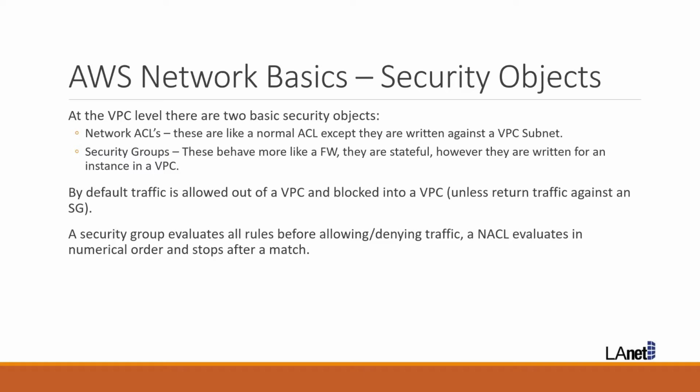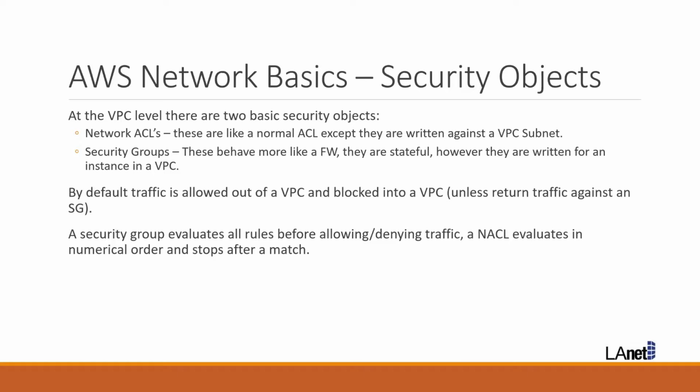So they're attached in different ways, and they behave in different ways. However, if you have a networking background, they're not completely unfamiliar, because the NACL is just like a NACL you might have on a router, and the security group is not quite the same, but very similar to an access list on a firewall where it's very state aware.